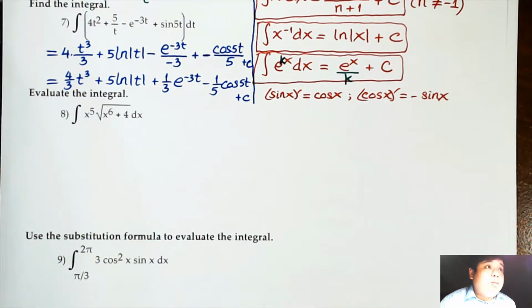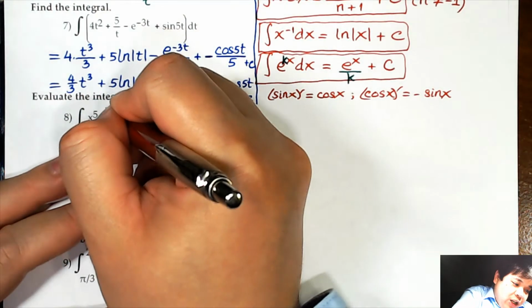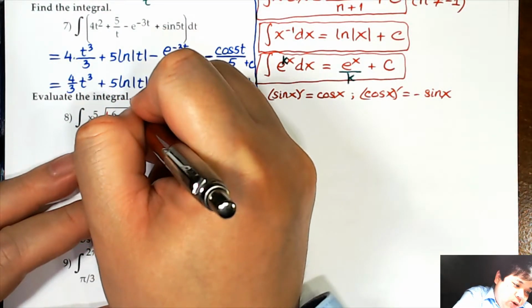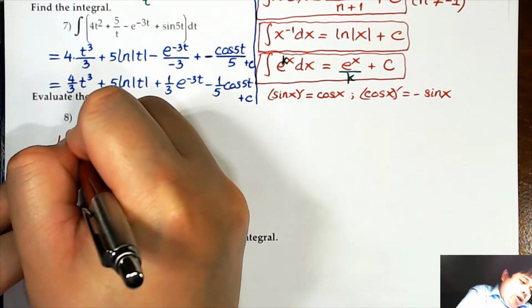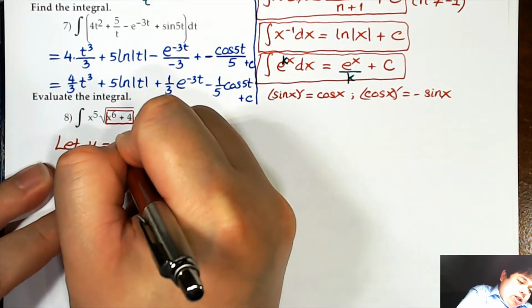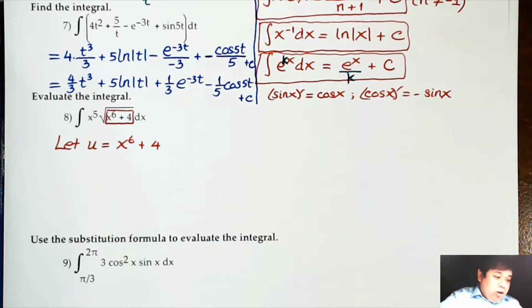The next two problems, we have substitution. So substitution, the first thing we have to know is what u is equal to. So if we let u equal x to the 6 plus 4, so we write out let u equal x to the 6 plus 4. Then we can take derivative of it.